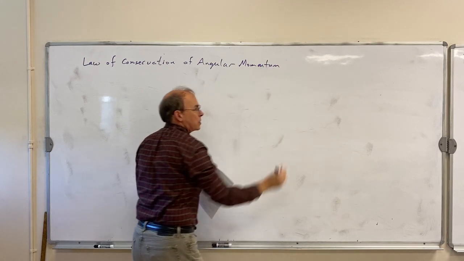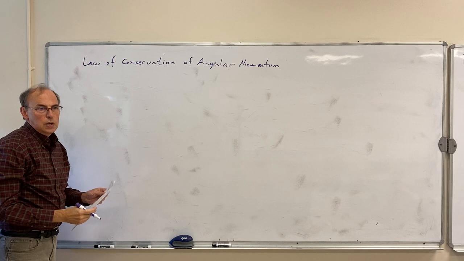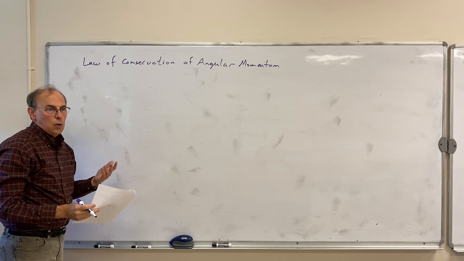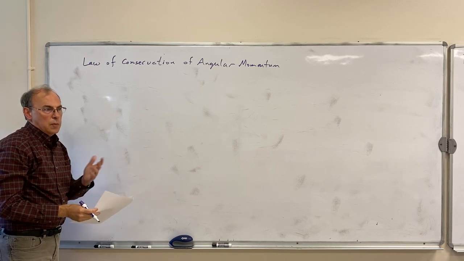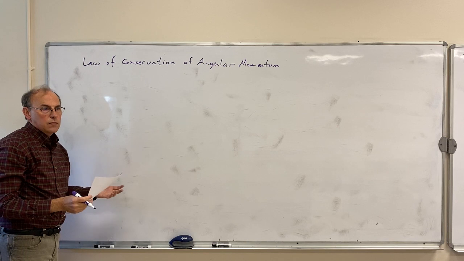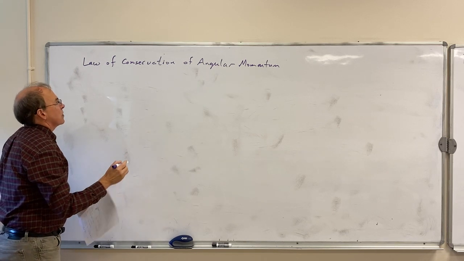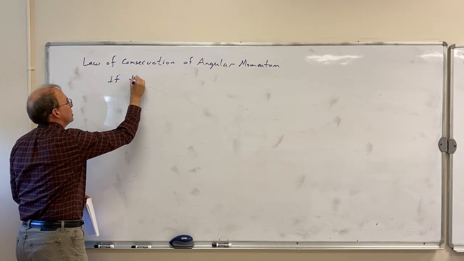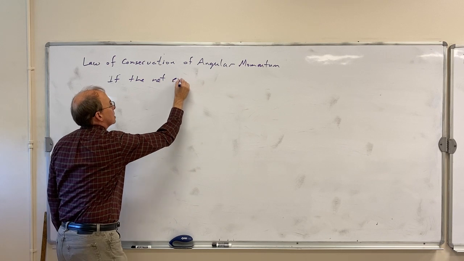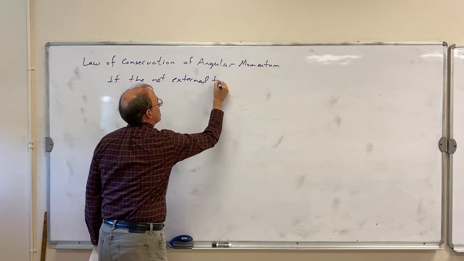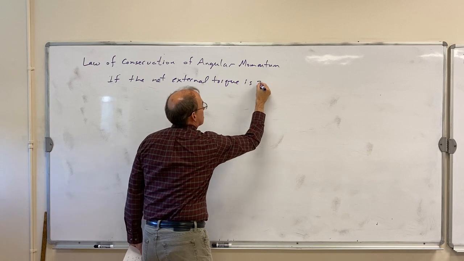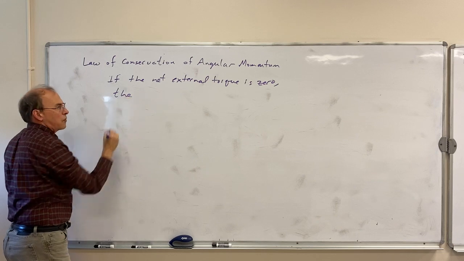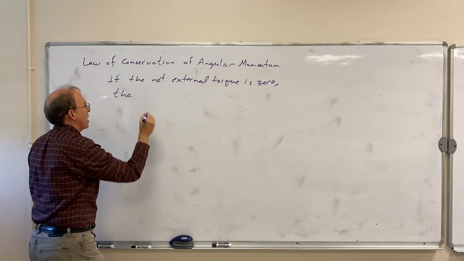It's really very important that many things in nature can be explained from this law, like how hurricanes behave, how the shape of disks in galaxies. Anyway, the law of conservation of angular momentum says if the net external torque is 0, so there is this constraint, if there's no external torque, then the angular momentum before an interaction equals the angular momentum after.